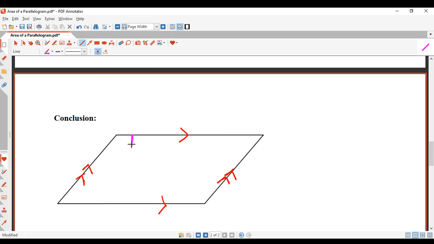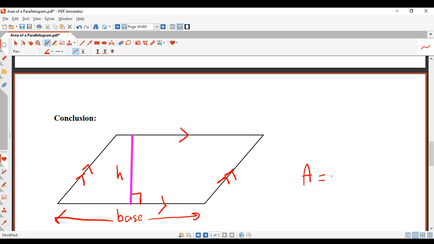The height is a line which makes an angle of 90 degrees with the opposite sides. That's the height, so we put H for that. And let's call this the base. Base and height are at 90 degrees. Because we can make this into a rectangle with the same base and height, the area of the parallelogram is area equals base times height.